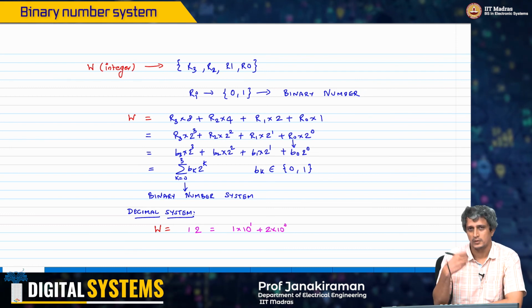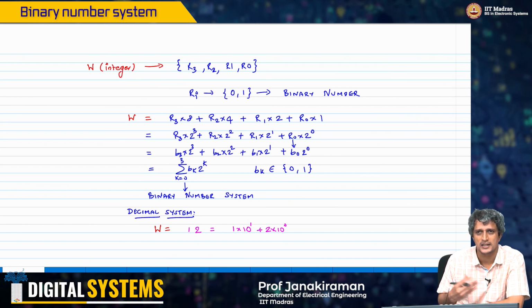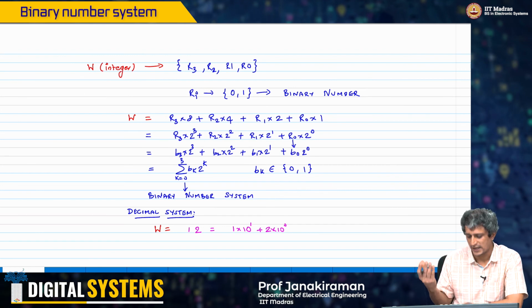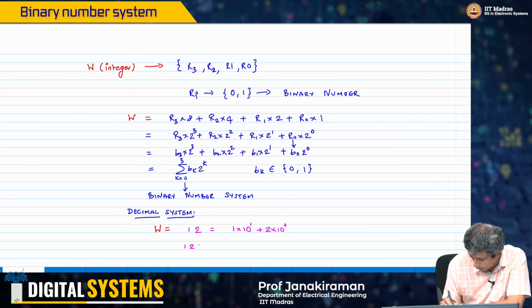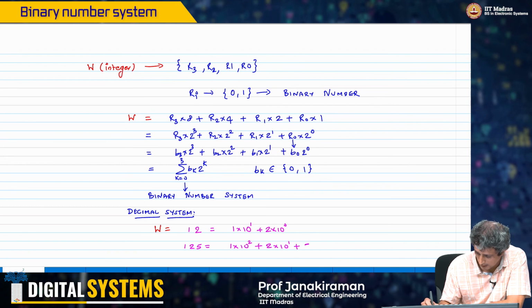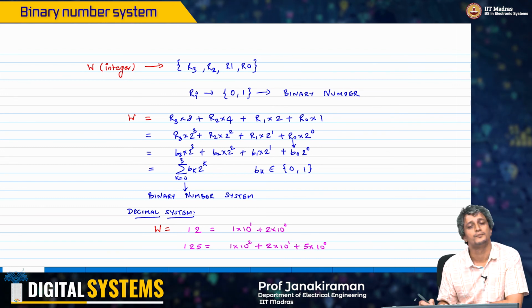If I had a 3 digit number, I could have up to 125 kgs. What does 125 mean? It is 1 into 10 power 2, that is 100, plus 2 into 10 power 1 plus 5 into 10 power 0.